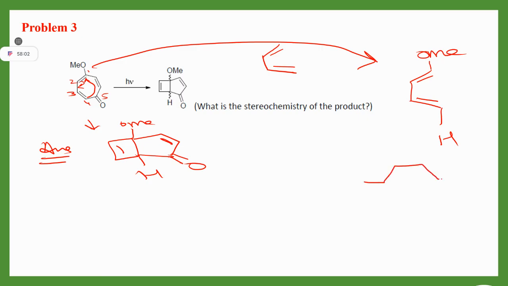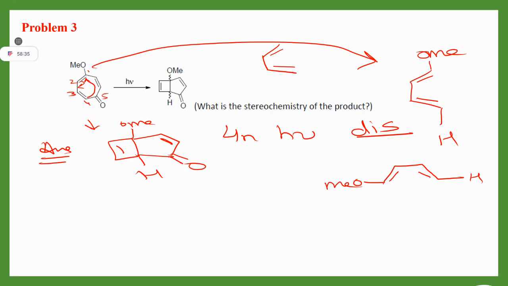Or more easily you can understand it in this way, correct? This is your OMe, this is your H. Now 4n electrons are there, okay? Under heat condition, what will be their HOMO? 4n heat, what will be their HOMO? Psi 2, correct? If psi 2 is HOMO and the orbital sign is the same, it will undergo disrotation, right?